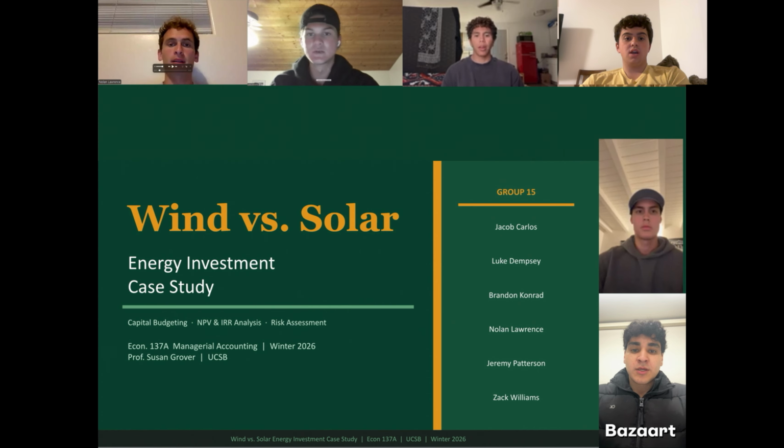The university can either install a wind turbine on campus or set up a large solar panel array on its facilities. University administrators have limited capital and intend to choose either the wind project or the solar project. They have asked us to perform a financial analysis of both options and advise which investment is more viable.